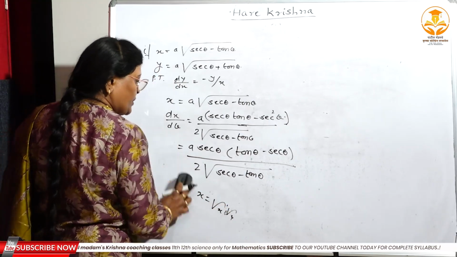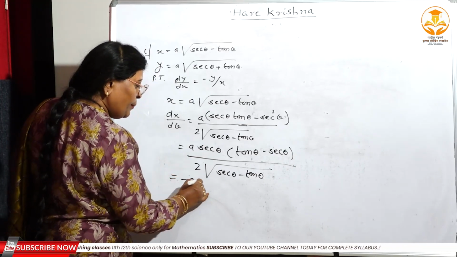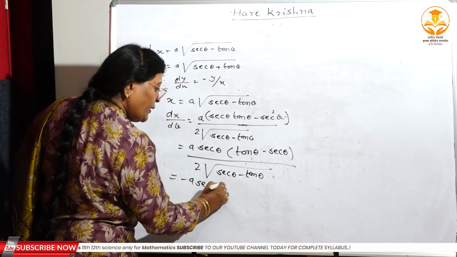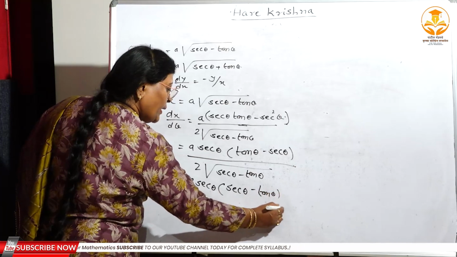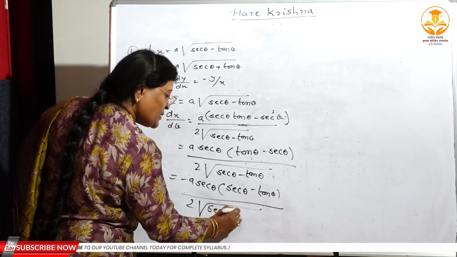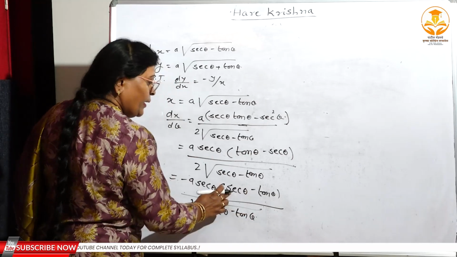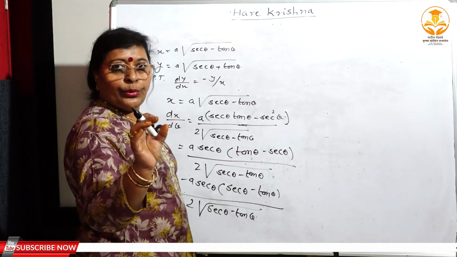Therefore here what you have to do: you can take minus a common, means minus a sec theta, and here you have got sec theta minus tan theta, right? Divided by 2 root of sec theta minus tan theta. Again this function, sec theta minus tan theta, you can write as a root into a root, isn't it?